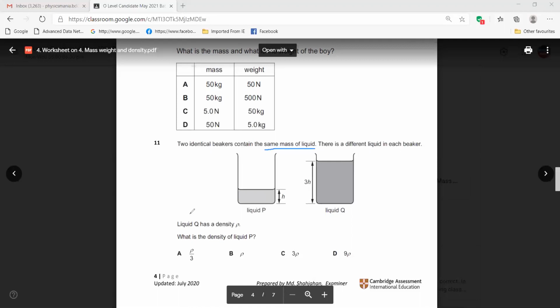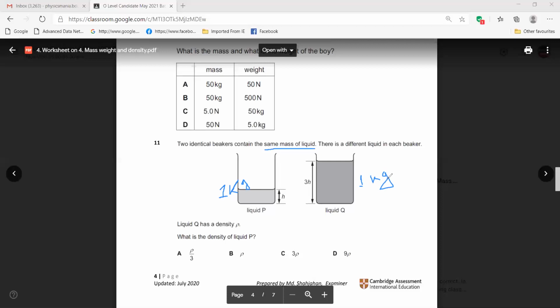How come? If you have the same mass, for example, this one has 1 kg and this one is also 1 kg. So which one has more density? Both are the same density.